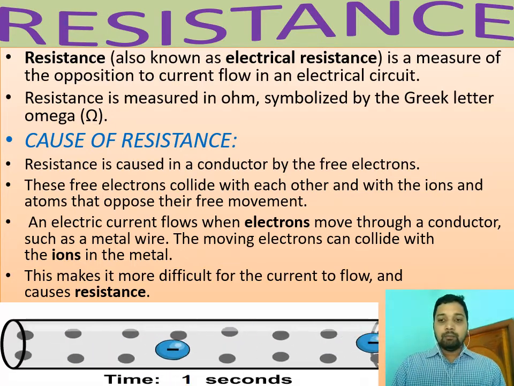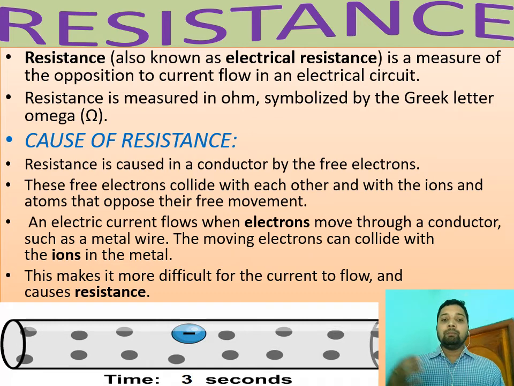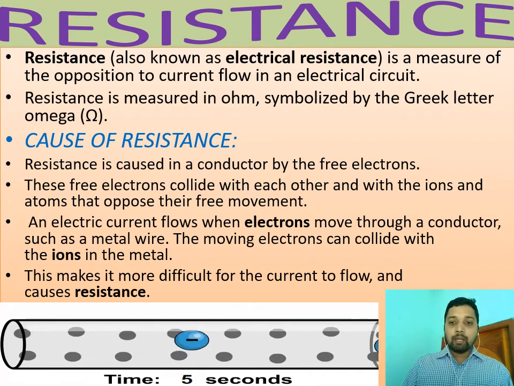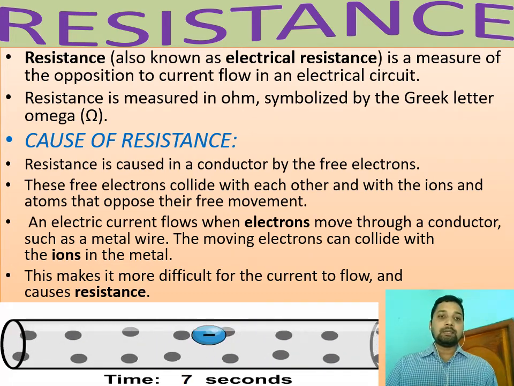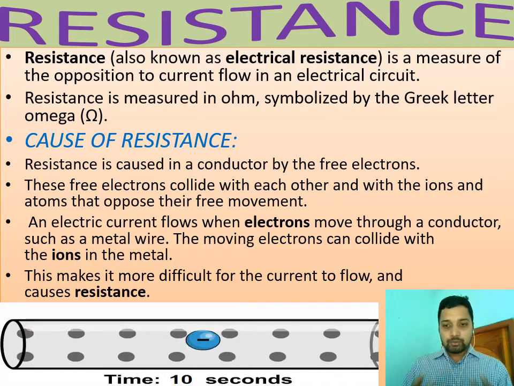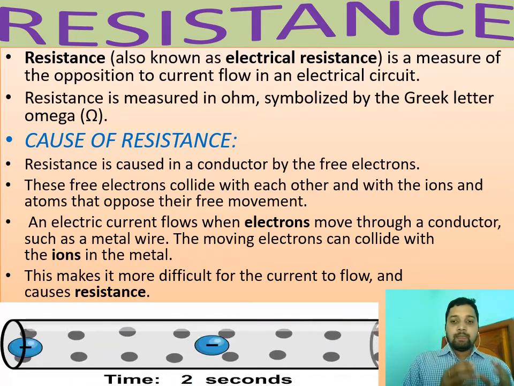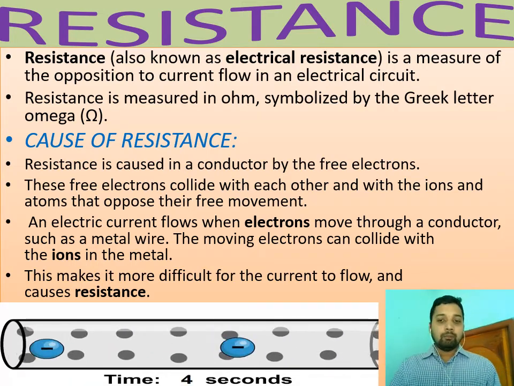But in case of non-metal, they do not allow the current to pass, meaning they give more resistance, more opposition, more obstruction, where the charged particles are not able to move from one part to another.